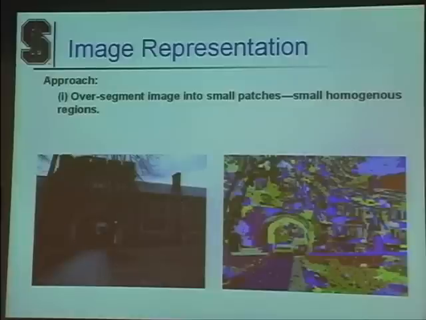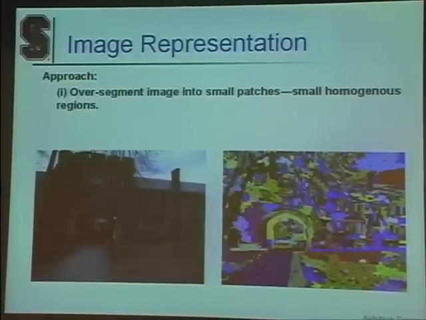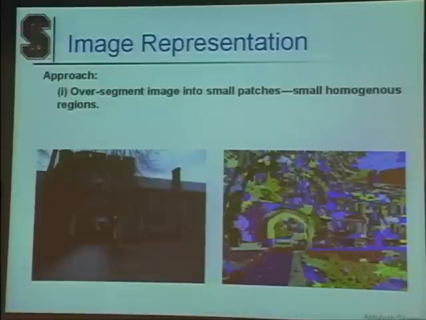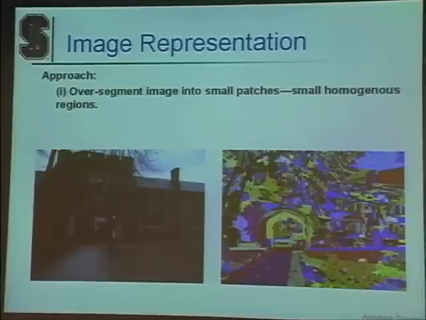If we over-segment the image, segmentation is an algorithm in which pixels of similar color and texture are grouped together. So each one of these portions you see are pixels of similar color and texture. Because they are small planes, most of the time our assumption works out that these small patches in the image lie on the same plane. For example, this patch lies on the ground, this patch lies on the trunk of a tree, and so on.